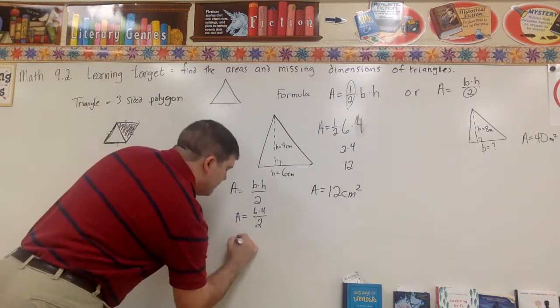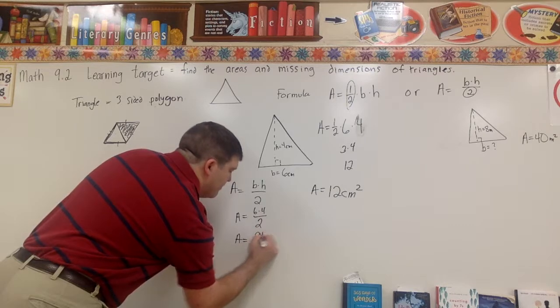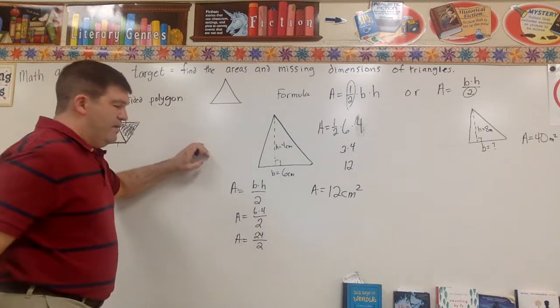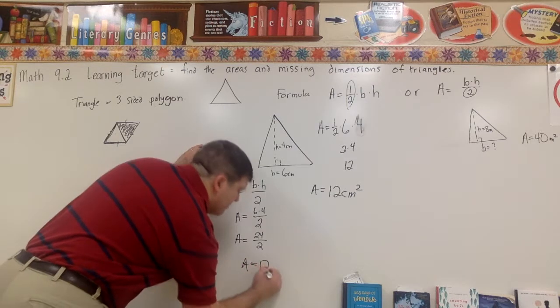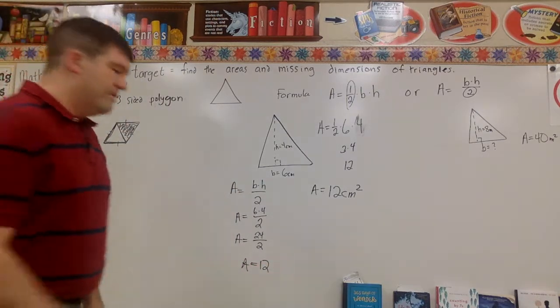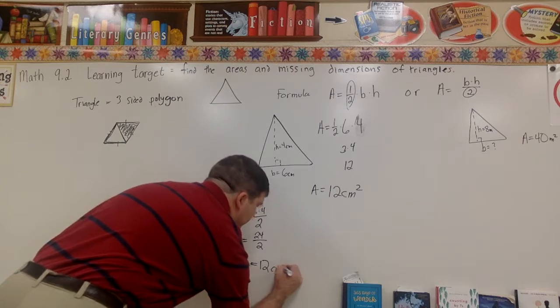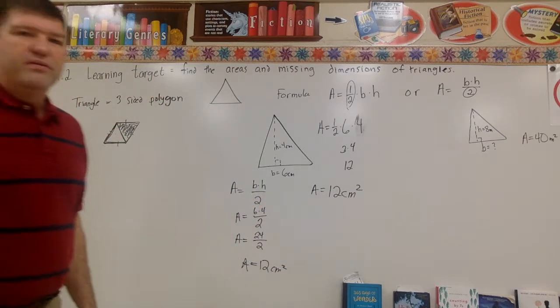We know that 6 times 4 is 24 divided by 2. 24 divided by 2, area equals 12. Same answer, just you got to decide which way you like to do it.